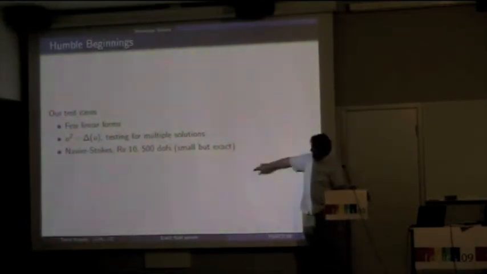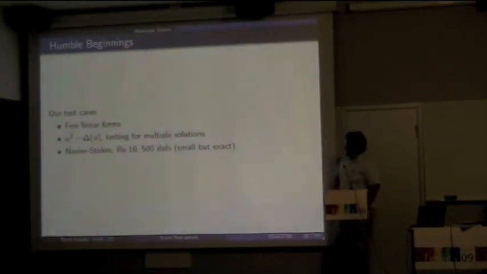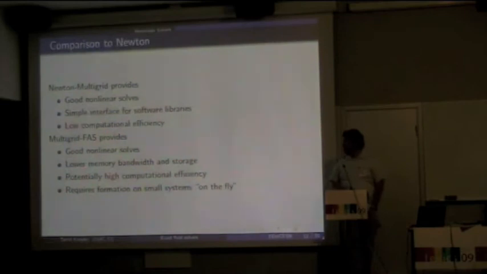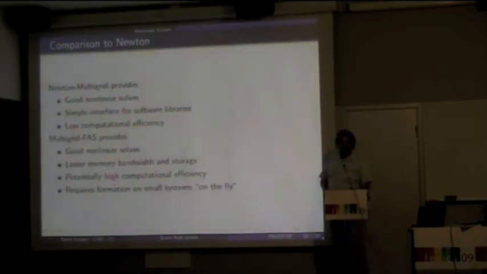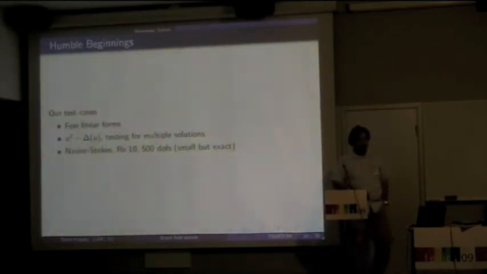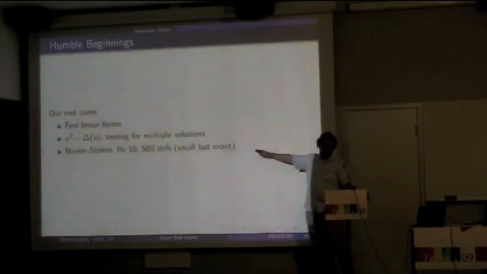The next bullet that's coming in the next month will be several Oldroyd equations. Like I said, these are small but exact, but we have lots of ideas of how to increase the number of degrees of freedom. Just to give you, once again, the comparison to Newton. Yes? Exact, you mean solving the discrete system? Yeah, exactly. We do have the discrete system exactly.